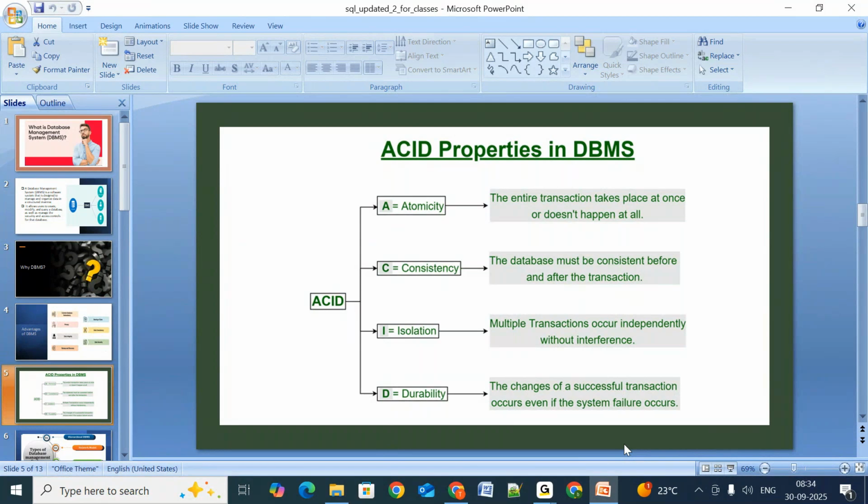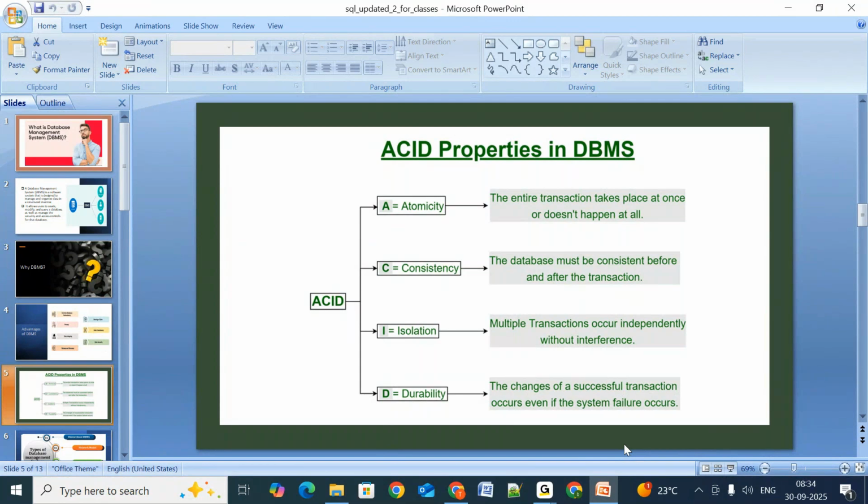Which means you have inserted your debit card into the ATM. What happens? Either the transaction happens or it doesn't happen at all. Either you will get money or you won't get money. That particular technical term is nothing but atomicity.